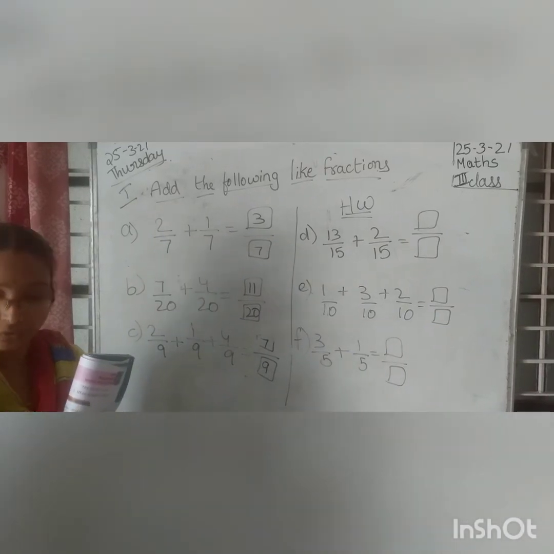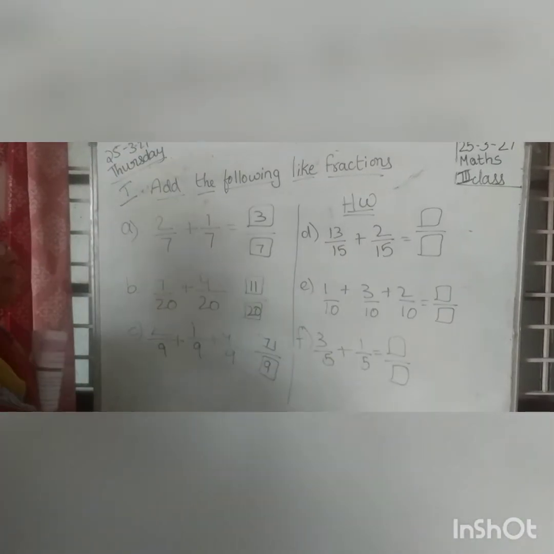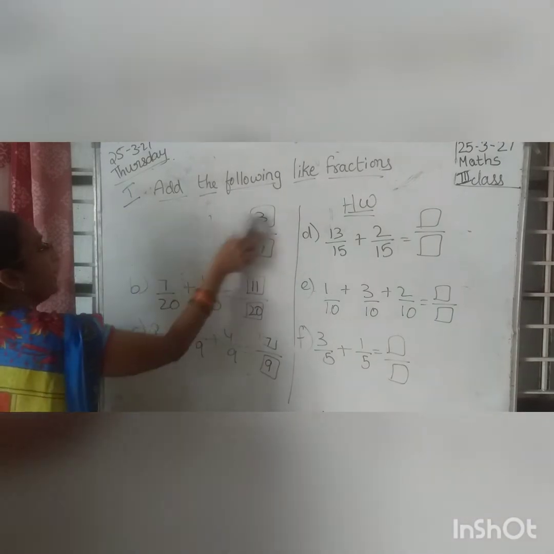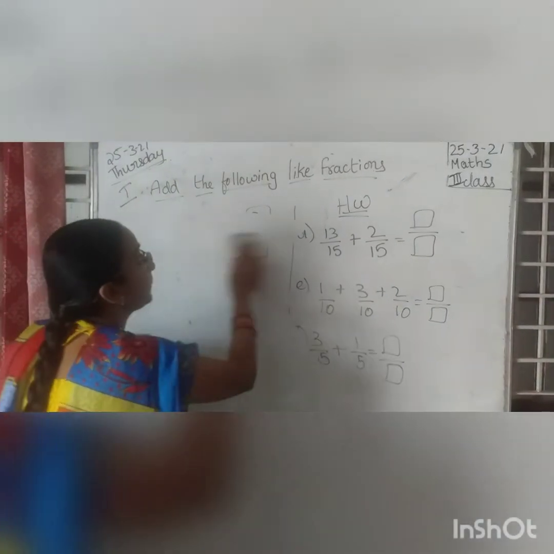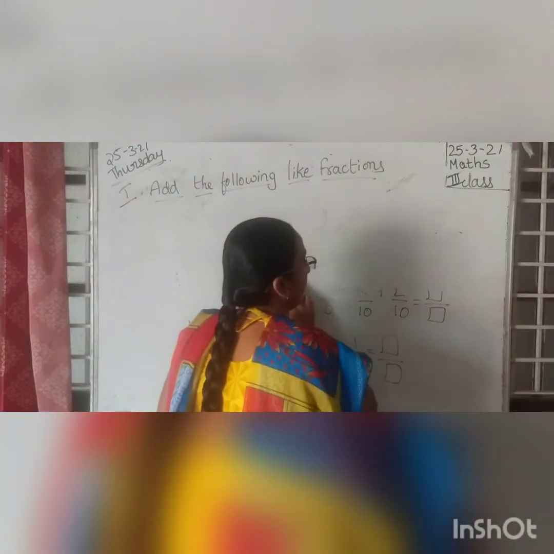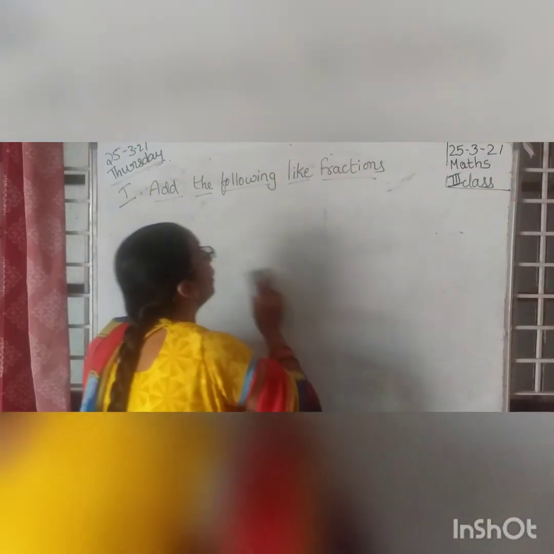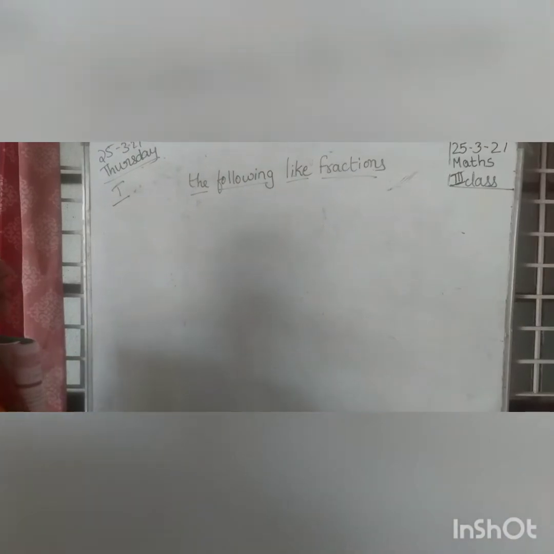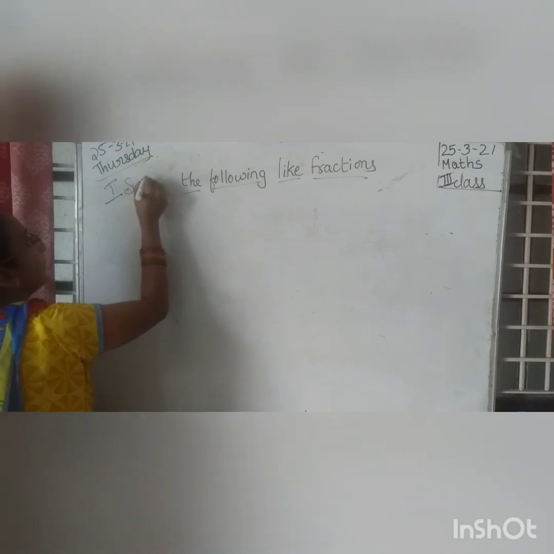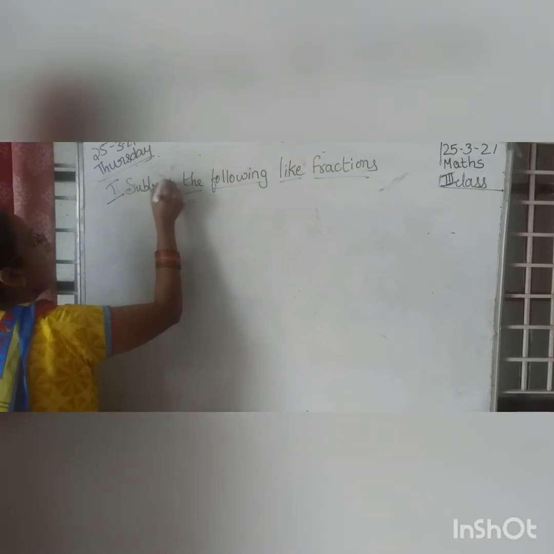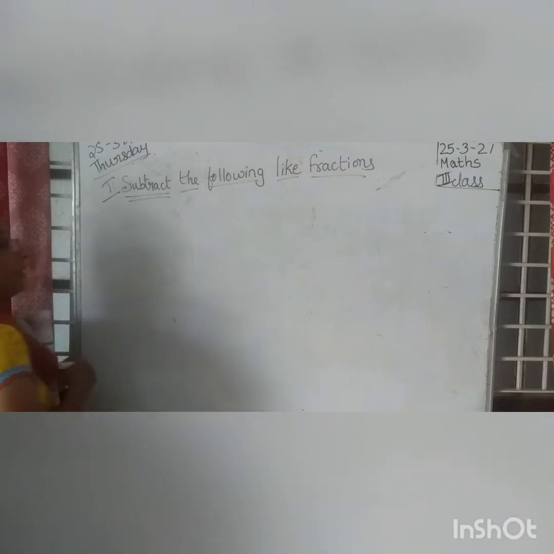Now I am going to explain subtraction. Yes, the second bit is subtraction. Did you write the 3 homework sums? Now subtract. Come on, open a fresh page and write the second bit.